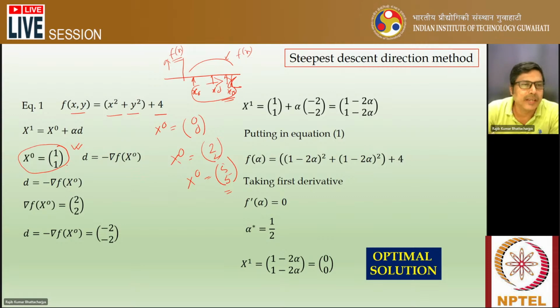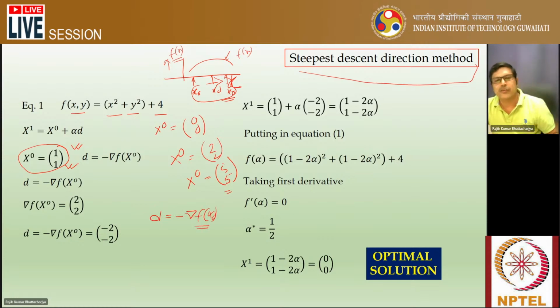In this case I have just taken the initial value as 1, 1. Next, I have used the steepest descent direction method. In the steepest descent direction method, the direction is given by the negative of the gradient at that particular point. So here I will start my algorithm from x0.